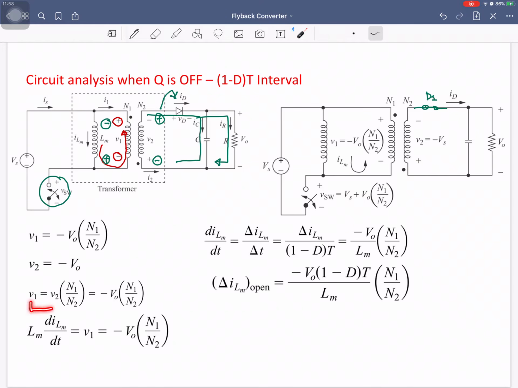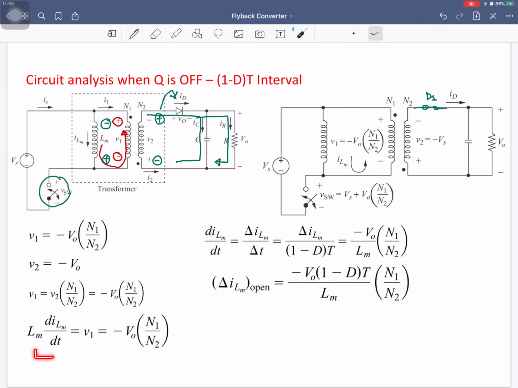So that's why V1 is equal to minus V0 into N1 by N2. Now this is the voltage appearing across this magnetizing inductance. So L di by dt for this magnetizing inductance must be equal to V1, and V1 is equal to minus V0 into N1 by N2.